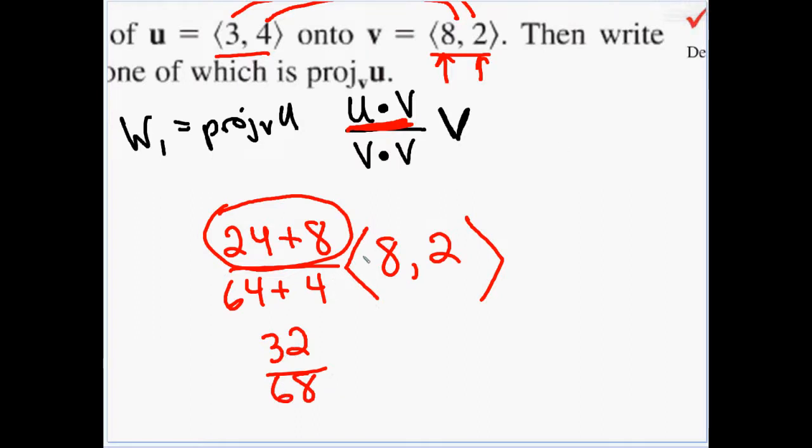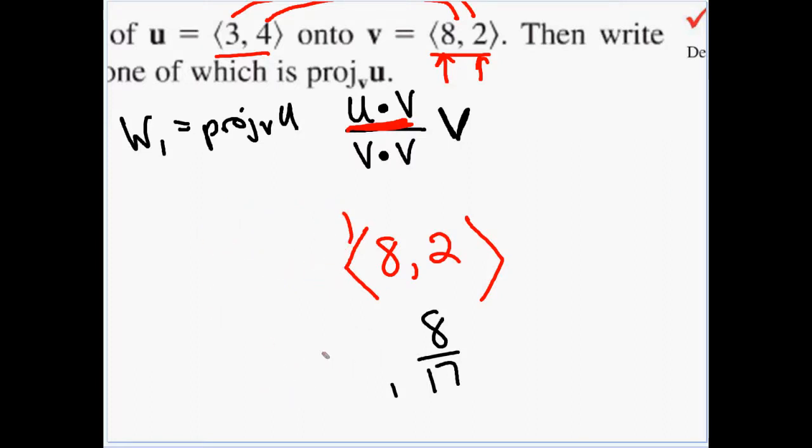And before we distribute that over the vector, let's reduce it. I notice that they're both even, so I can chop the numerator in half, and I can chop the denominator in half. And they're even again, so I can chop the numerator in half again. Half of the denominator would be 17, and that looks like as far as we can reduce it. So we are going to distribute that scalar 8/17 over the vector 8, 2.